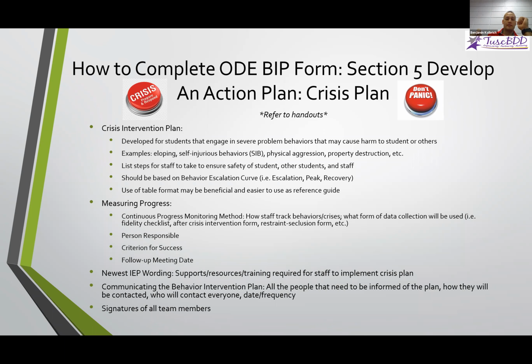And then under that was how to intervene with that child during that stage of the crisis. So it's a very simple way to look at it: okay, the child's engaging in these behaviors, here's what I need to do. Or they're engaging in these behaviors under peak, here's what I need to do. And so it's a quick reference guide, okay?